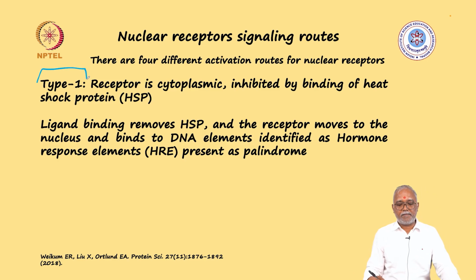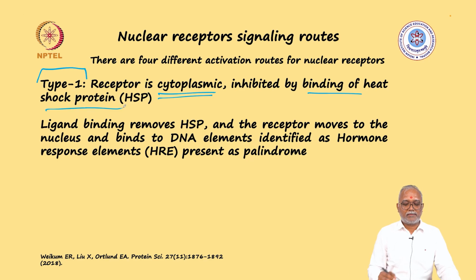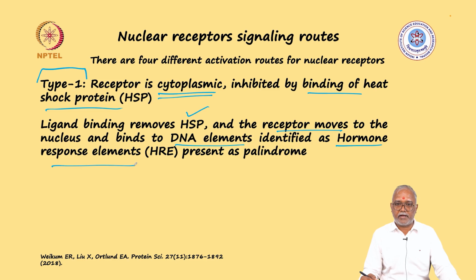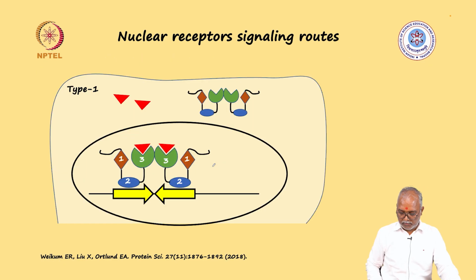In this particular type, the receptor lies in the cytoplasm, and there it is inhibited by its binding to heat shock proteins. The ligand binding removes the heat shock protein, and the receptor moves into the nucleus, where it binds to DNA elements. Some of these DNA elements are called hormone response elements, particularly where the receptor is responding to a hormone, and these response elements are present as palindromes.